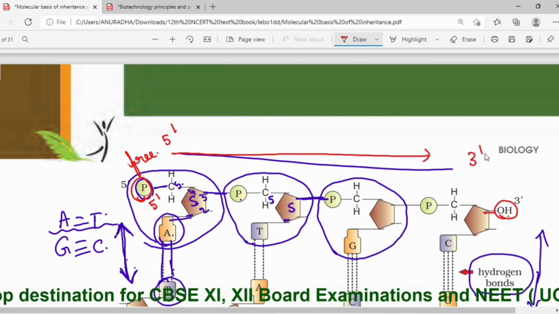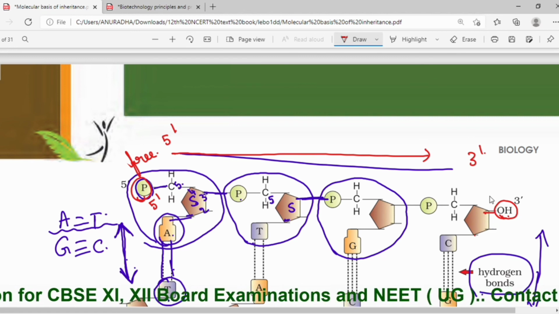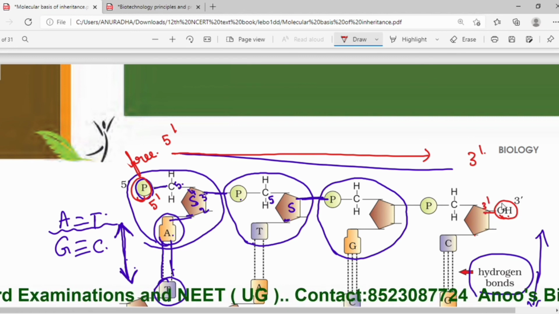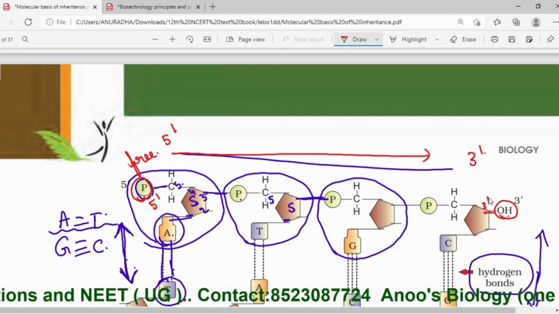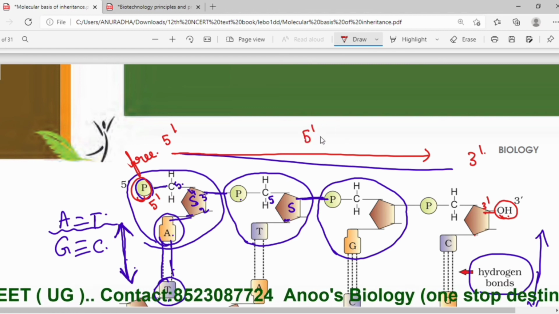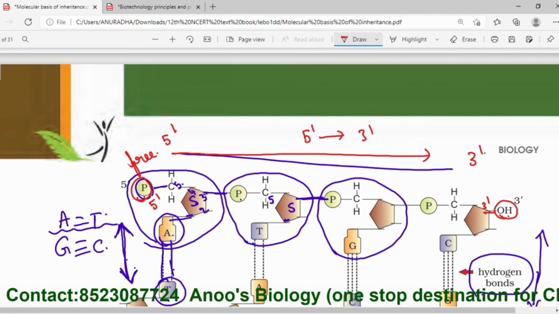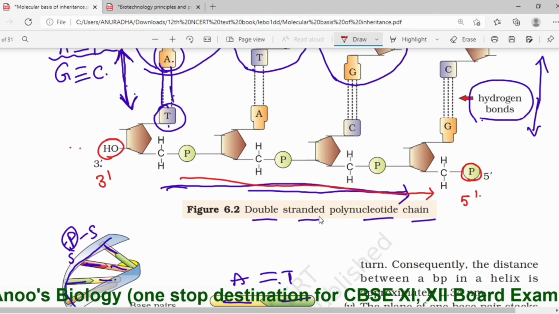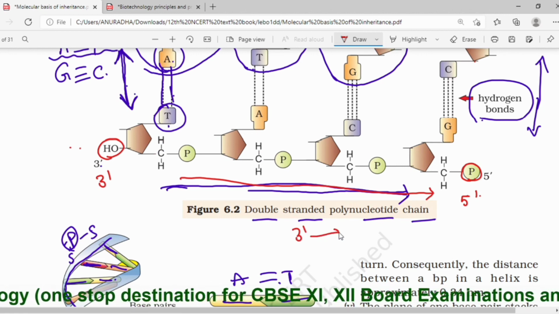Hence it is called the 3' end. The third carbon atom of the sugar is ready to bind with the next nucleotide that comes downstream. So this strand has 5' to 3' polarity, and this strand has 3' to 5' polarity.